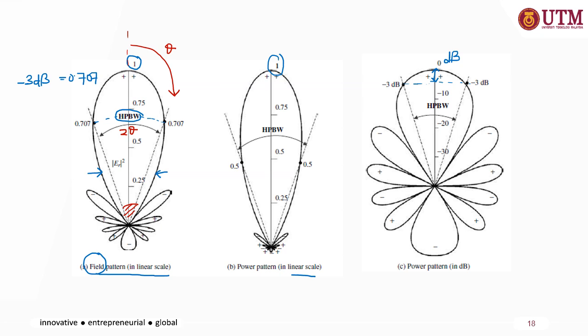For the field pattern, the reference power is 0.707 in linear. But for the power pattern, the maximum power is 1 in linear, and the half power in the power pattern is equal to 0.5. Okay, this is for the power pattern, and the first one just now is the field pattern, both in linear. So for the field pattern, the half power point is 0.707, and for the power pattern, it is 0.5.